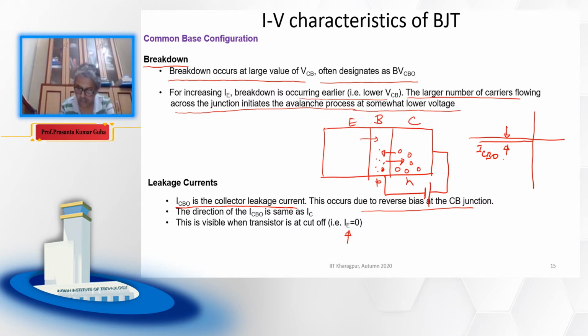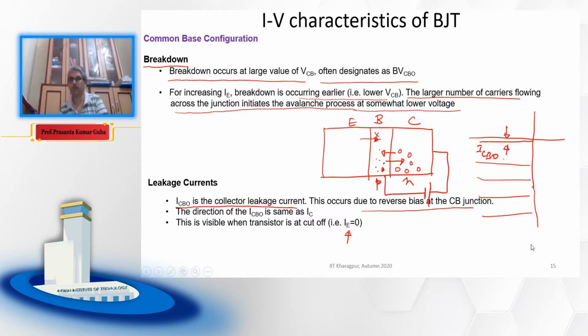But if we make this current 0, that is, we don't forward bias this base emitter junction, in that case there will be this leakage current, which is simply because of this reverse bias. This leakage current is known as ICBO, or collector leakage current. But you need to remember this direction of current is the same as the direction of IC. We already know these are all ICs; if we increase IE, we will get more IC.